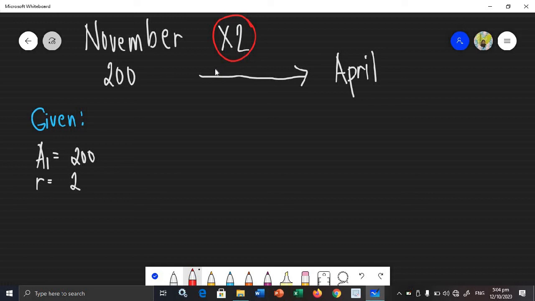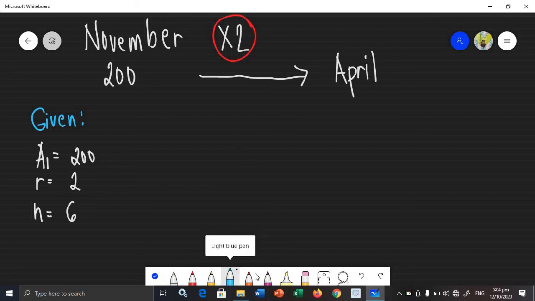And then, n will be how many? Kasi ang i-add natin yung savings niya mula November hanggang April. So, November, December, January, February, March, April. Kasama si November. Therefore, we will add yung first 6 months ng savings ni Rowena, including November kasi dun siya nag-start mag-save.